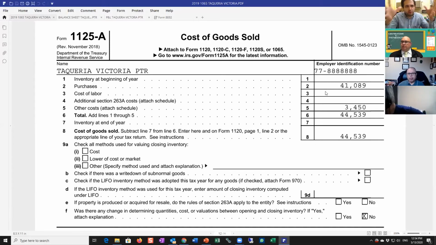So everything you purchase to make, for example, a burrito as a taqueria, everything that goes into the burrito: the carne, which is the meat, the beans, the tortilla. I buy that in bulk to make the burrito. So those are the cost of the goods that I'm buying to make the product that I sell, correct? That is correct.